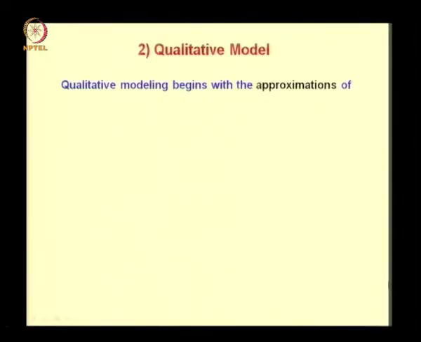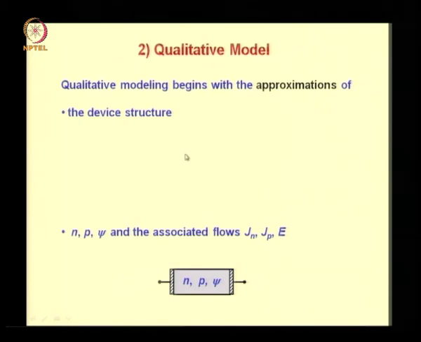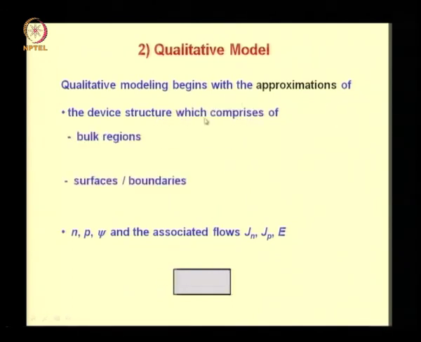The important point is that qualitative modeling begins with the approximations of the device structure and the electron and hole concentrations and potential distributions, as also the associated flows Jn, Jp and E. For the device structure, there are two parts: the bulk regions, that is this region here, and surfaces or boundaries.